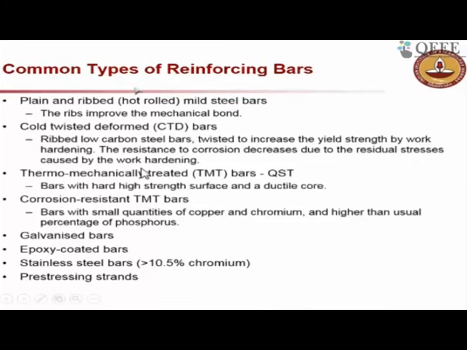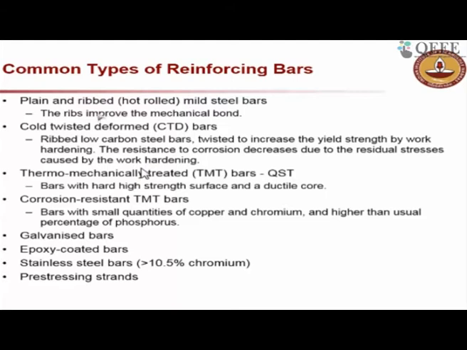Okay. Now, common types of rebars which are used: plain or ribbed hot rolled mild steel bars. Why are these ribs used? Ribs are there because they help in giving a proper mechanical bond between the steel and the concrete.